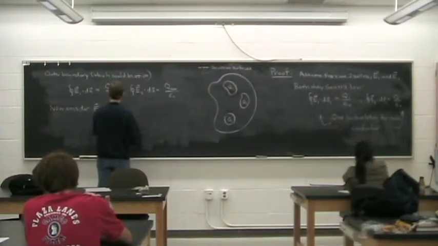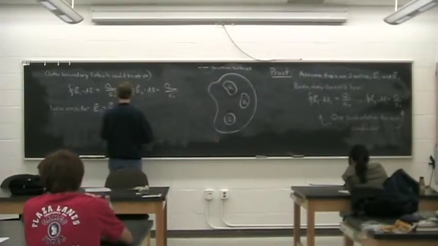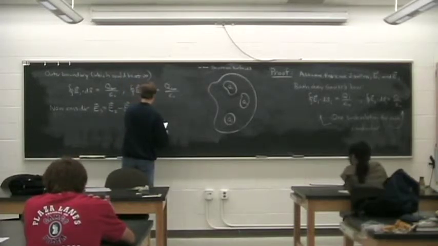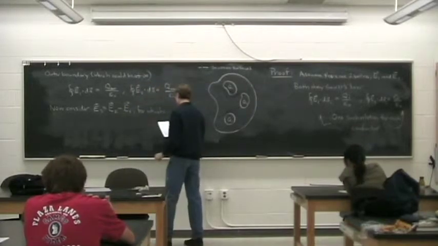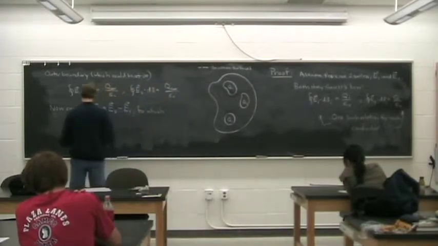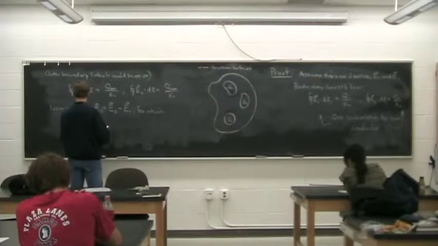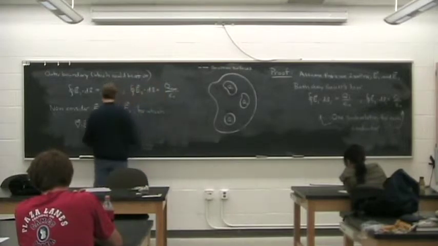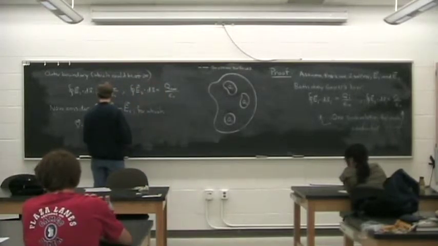Now consider E3 equals E2 minus E1, for which the divergence of E3, well, divergence is a linear operator too.